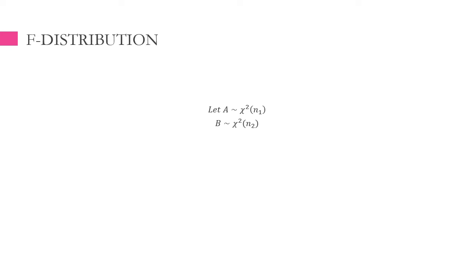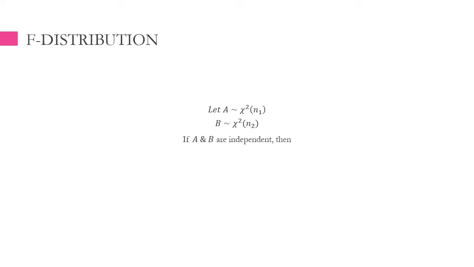Then you take your first chi-squared, and there's another requirement that A and B need to be independent. If all of these criteria are met, you have one chi-squared with n1 degrees of freedom, and another chi-squared with n2 degrees of freedom.